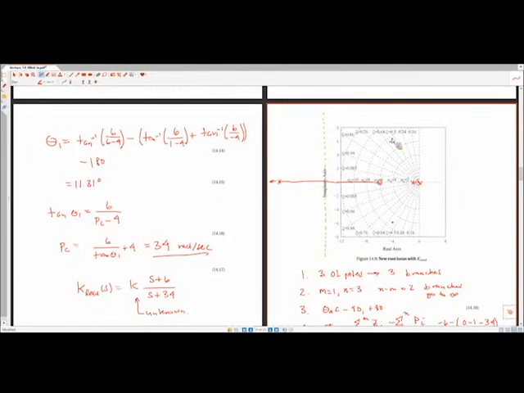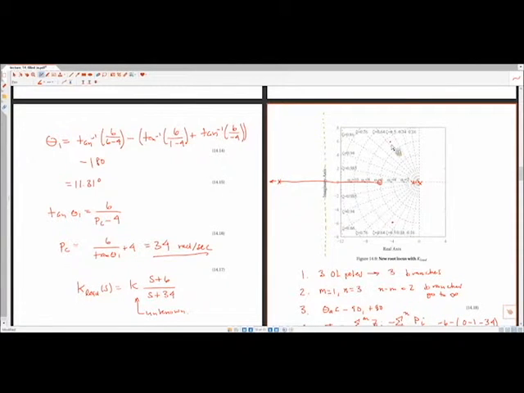Could you also use this to have a perfect zero cancellation? Like if you force it to go through a point, could you perfectly cancel the pole if you wanted to? Yes.